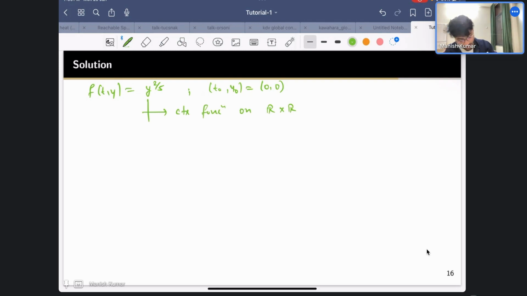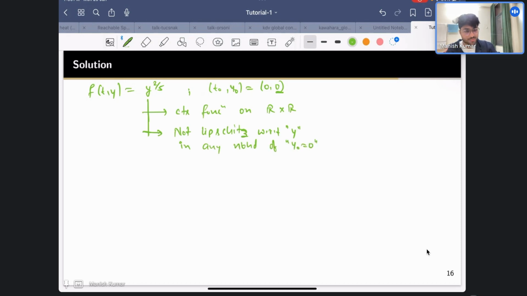But you can check that this is not Lipschitz, because the derivative is unbounded near y equal to 0. So that is the reason you can check that this is not Lipschitz with respect to y, in any neighborhood of y equal to 0, because this is the point we are taking into consideration.